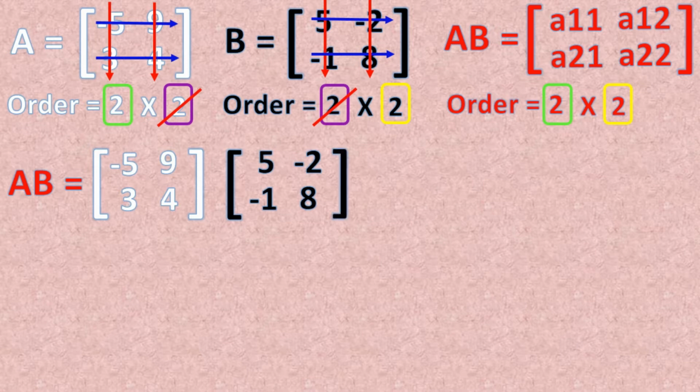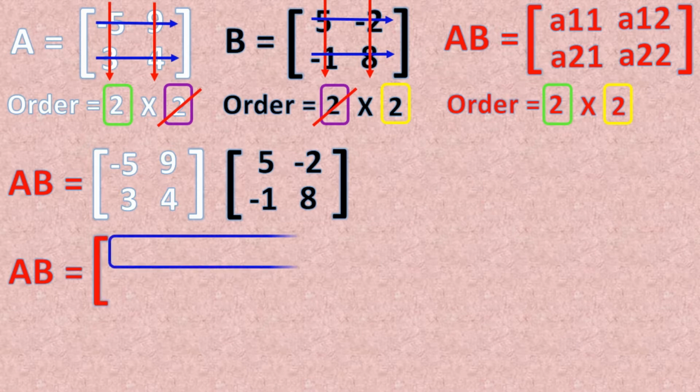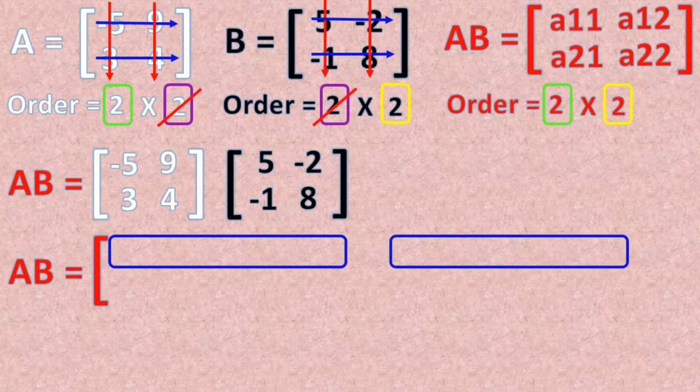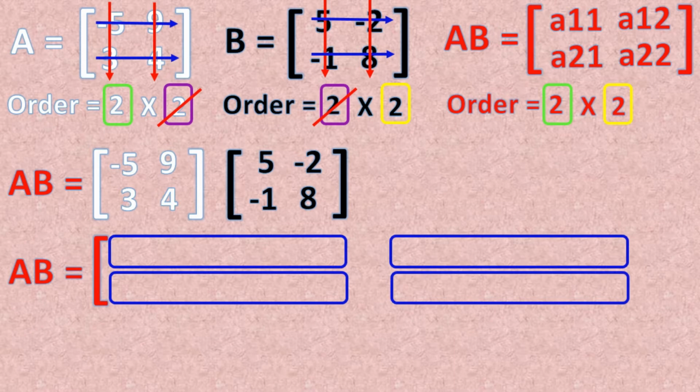Now to multiply AB, we arrange a 2 by 2 place. The first element will be A11, first row, first column.